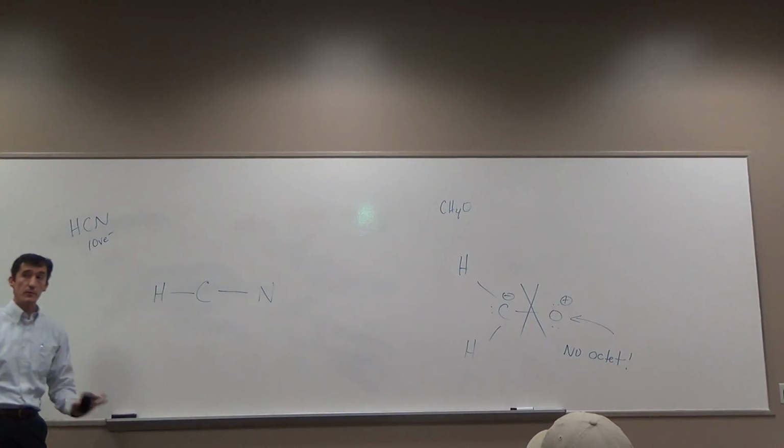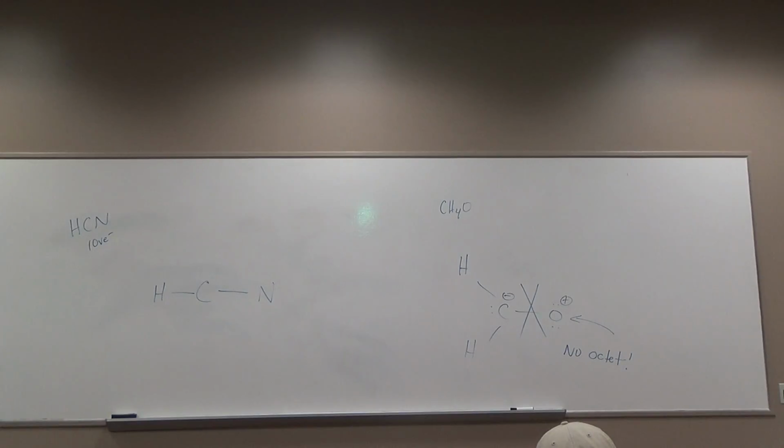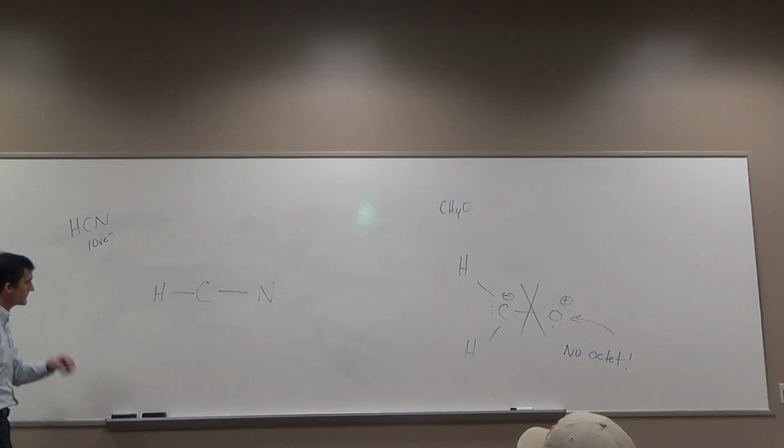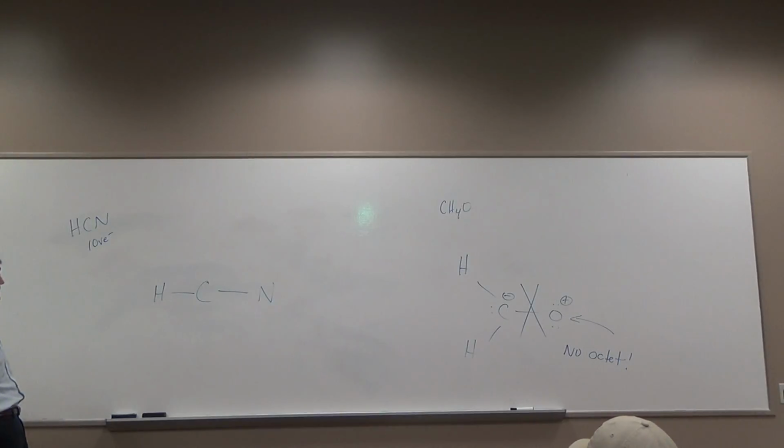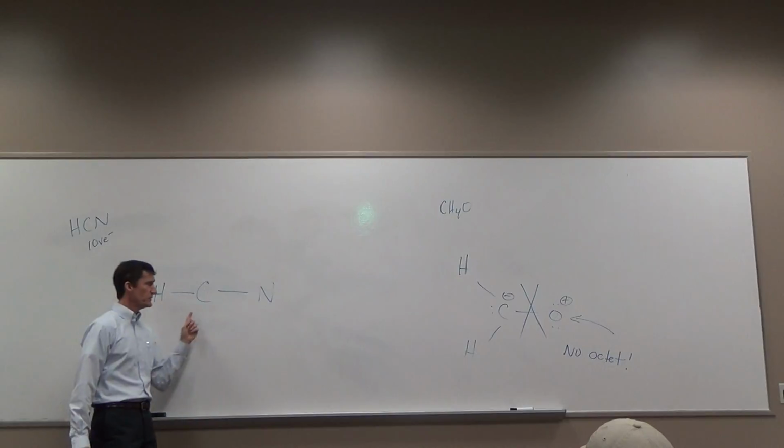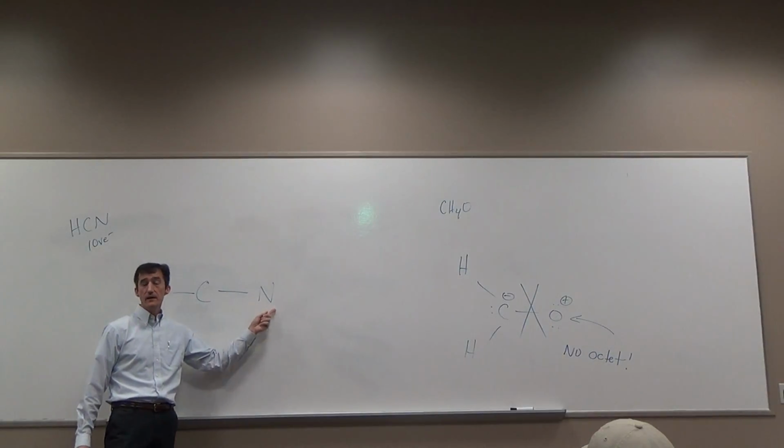Okay. By the way, we're not doing any hybridization or bond angles yet. So if I draw bond angles that aren't right, we're not really looking at that. That's it, right? That's all we got. Now, could you have a structure where the H is bonded to the N? Possibly.